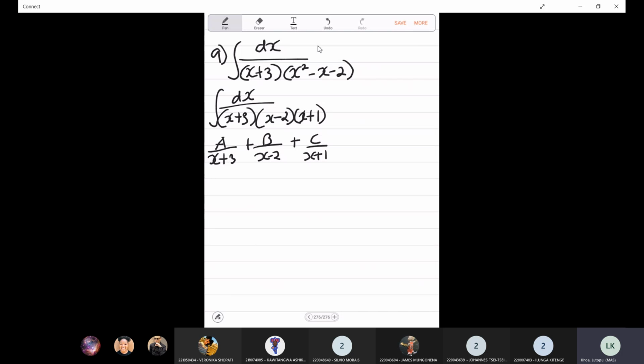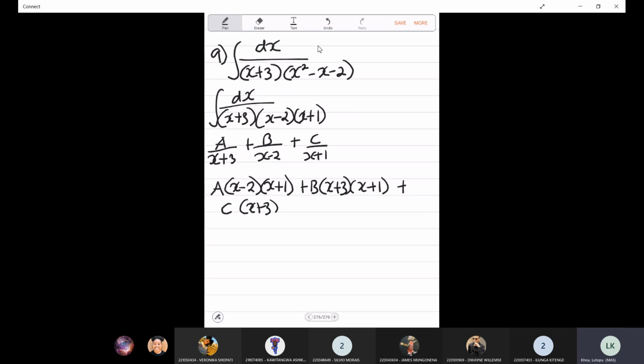And combining the numerators, we have a, x minus 2, x plus 1, b, x plus 3, x plus 1, c, x plus 3, x minus 2, and this is equal to 1.